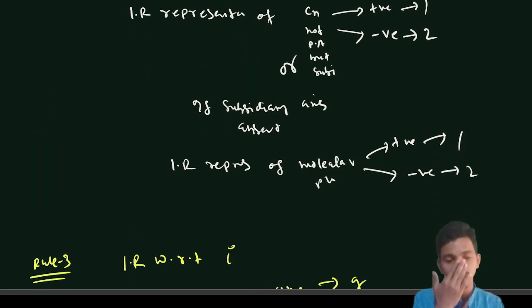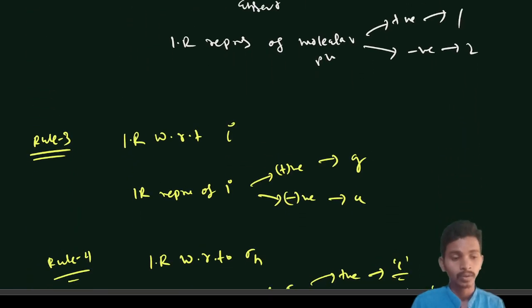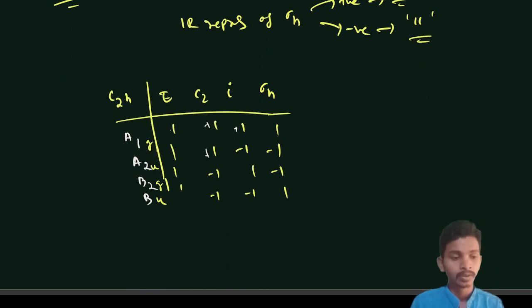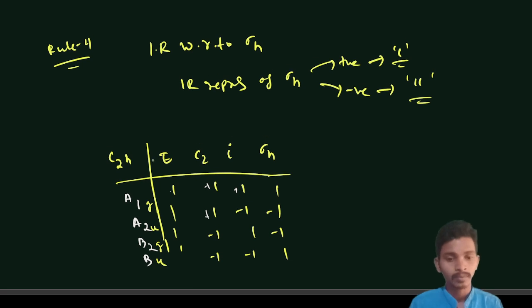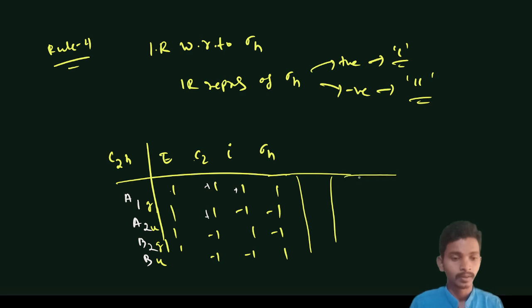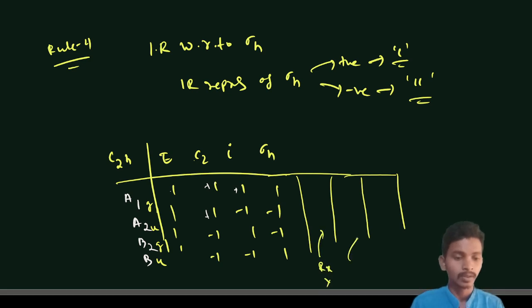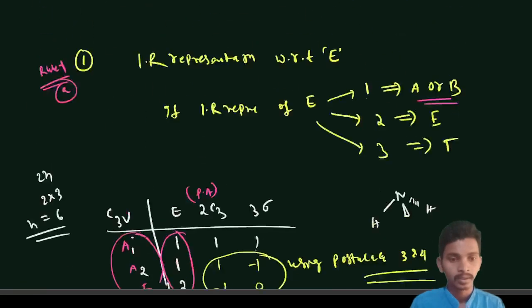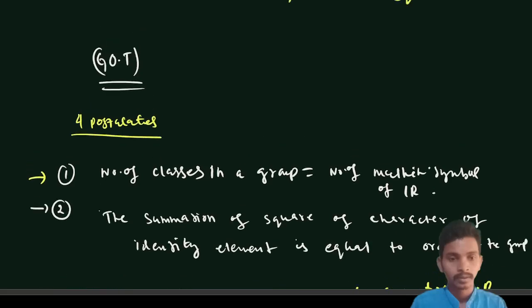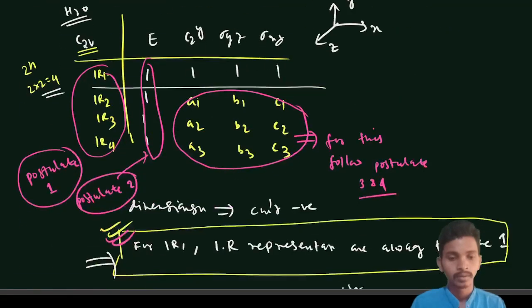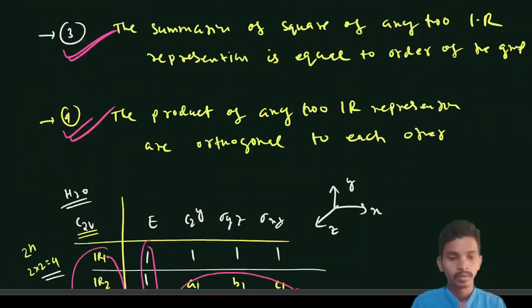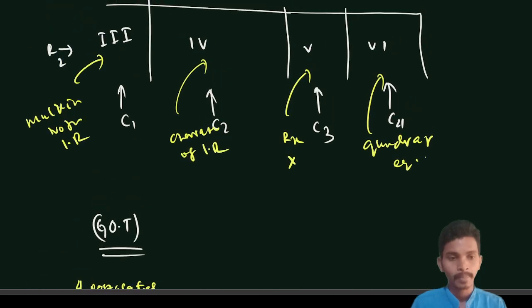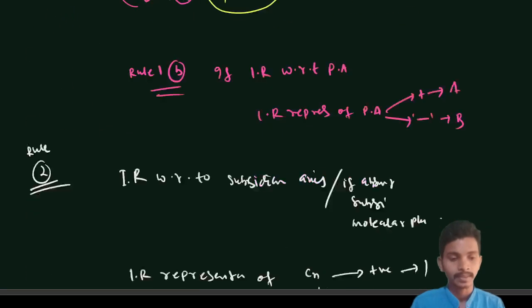So these are the 4 rules and postulates for drawing the point groups for character tables, and this is part 1, part 2, part 3, part 4. For part 4 and part 5 and part 6, here Rx or X will come also.